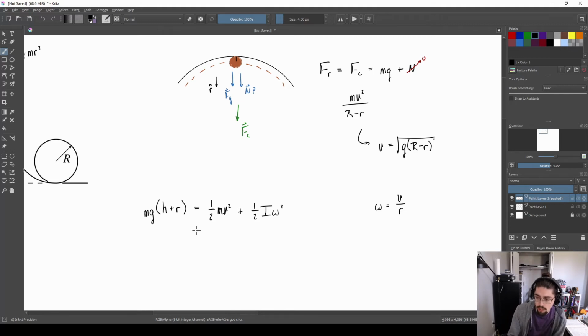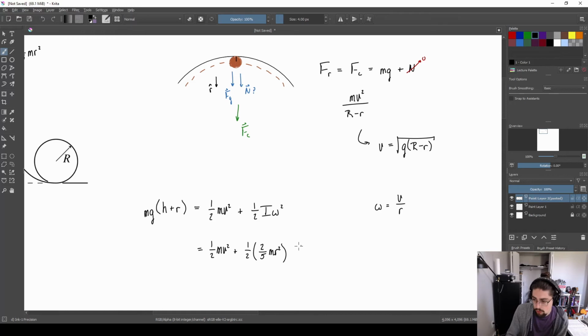Let's go ahead and plug some of these values in. For now, I'm going to leave v in place just to see if we can simplify this a little bit first, but I'm ready to plug this in as soon as I'm there. So let's say 1/2 times the moment of inertia, 2/5 mr squared.